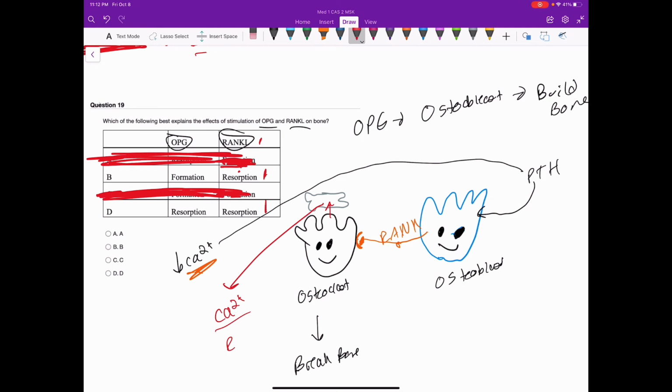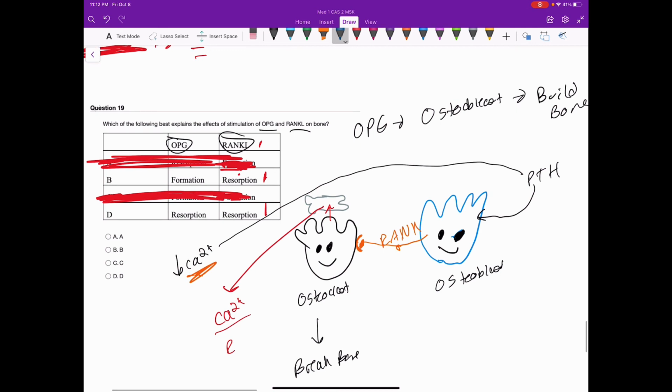Okay. What did we say osteoblasts do? They build bone. How? Osteoprogenitor cells tell osteoblasts, yo, let's go, let's get to work. So they're going to take calcium from the blood, right? And they're going to say, all right, if I have calcium and I need to do something, what could I do? I could build some bone. So what am I going to do?